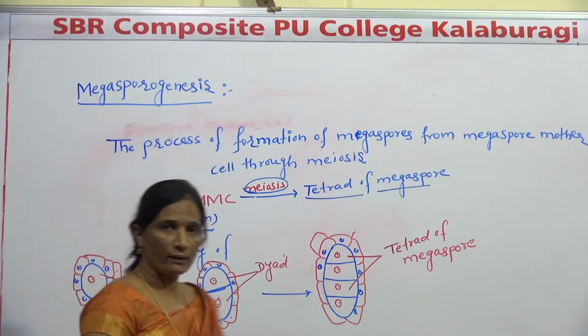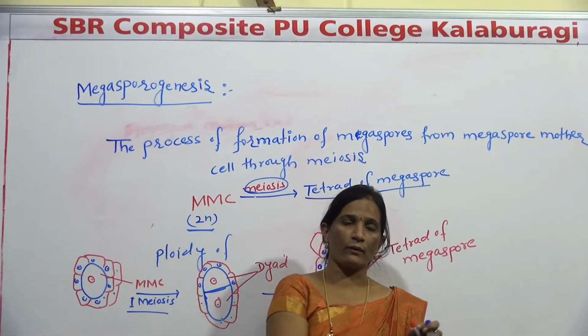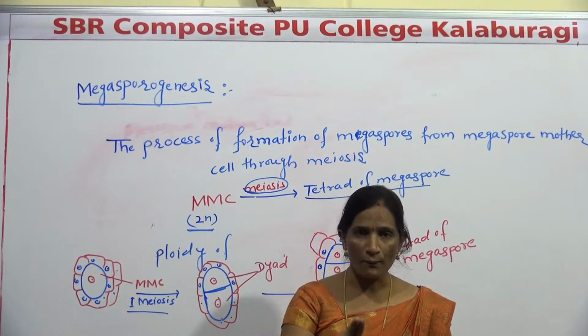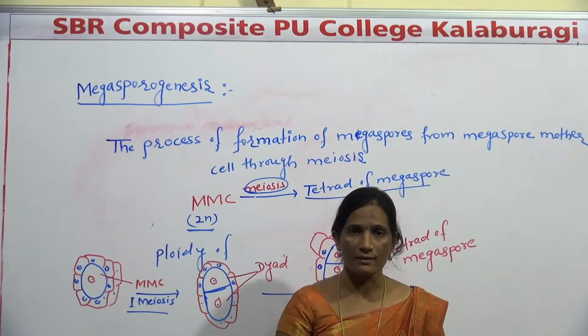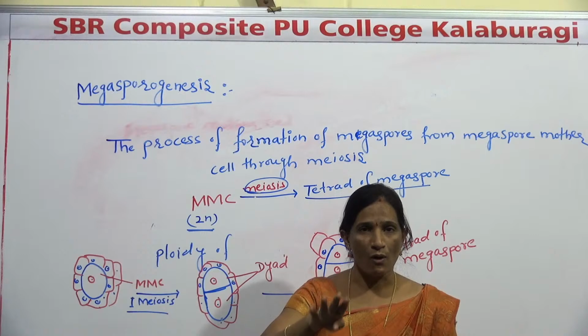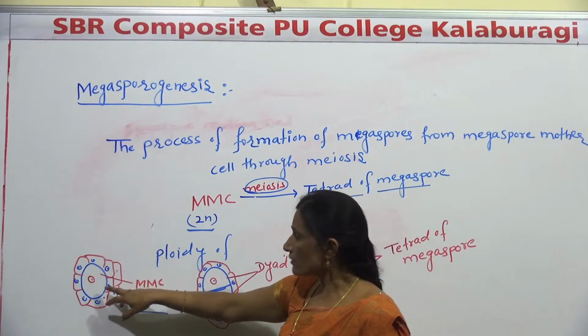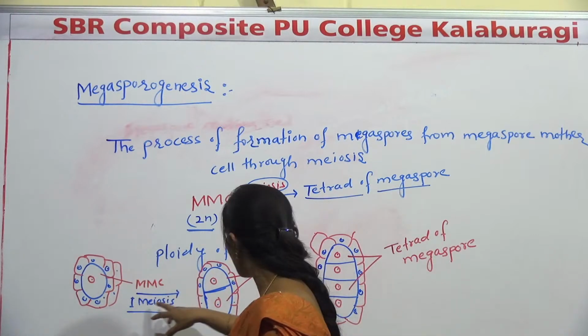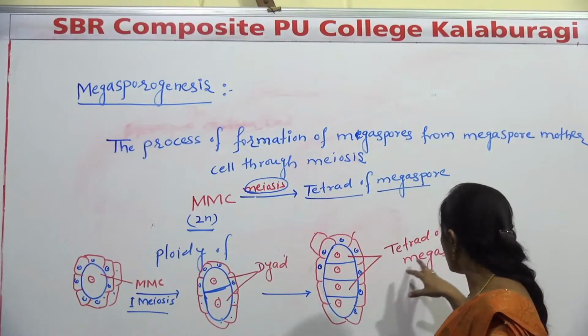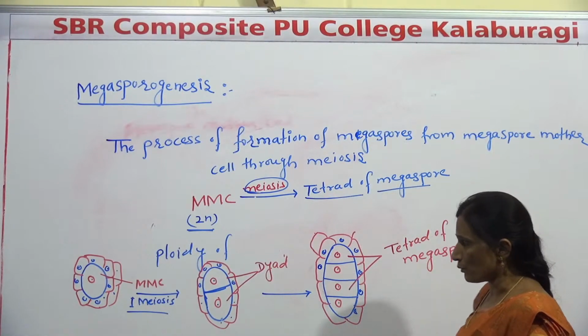You know very well that at the end of mitosis, 2 daughter cells are formed. But at the end of meiosis, 4 daughter cells are formed. So when the megaspore mother cell undergoes meiotic division, it results in the formation of a tetrad of megaspores.